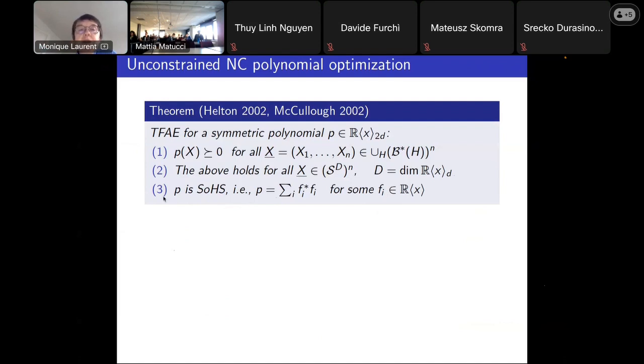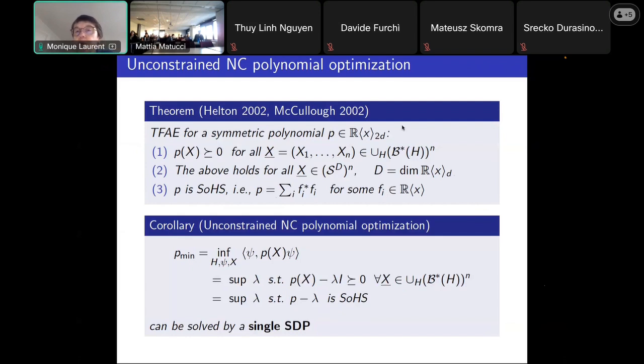But in the non-commutative case, being a sum of Hermitian squares is equivalent to non-negativity over all possible operators. This is a very nice result. We'll see later some hint of an argument why such a thing could be true, by going to the moment side.